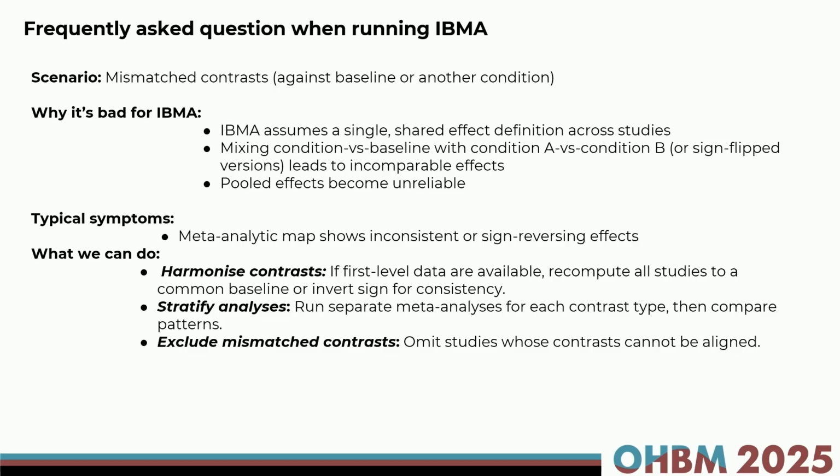If we mix condition versus baseline with condition A versus condition B, it will give us incomparable effects, and the pooled effects become unreliable. In this case, we should harmonize the contrasts. If we have the first-level data, we can recompute all the studies to a common baseline, or inverse the sign for consistency, or use stratified analysis.